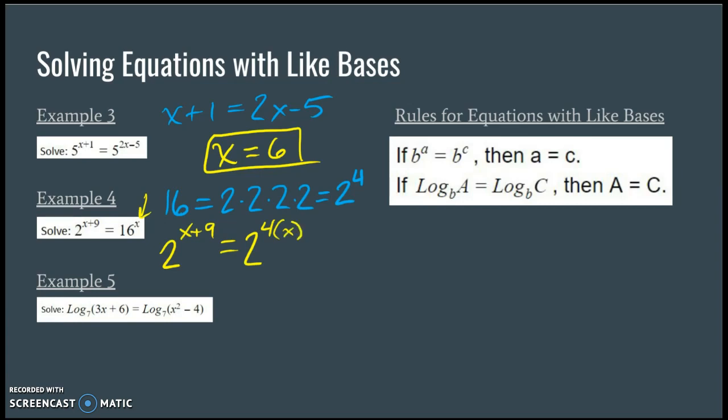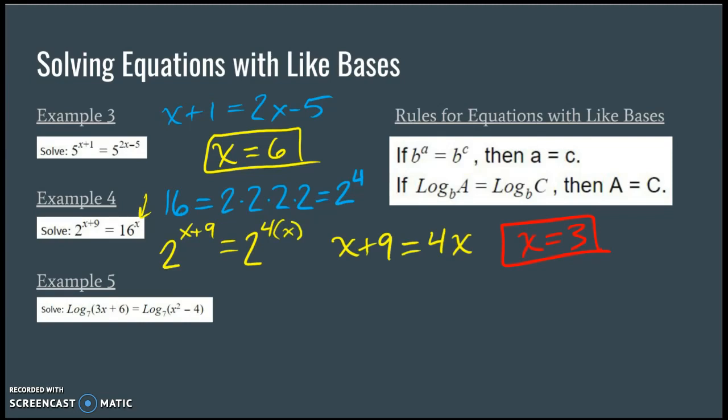But now that I have like bases, I can set up my equivalent equation of x plus 9 equals 4 times x, which after we subtract x from both sides and divide by 3, we'll get x equals 3 for example number 4.